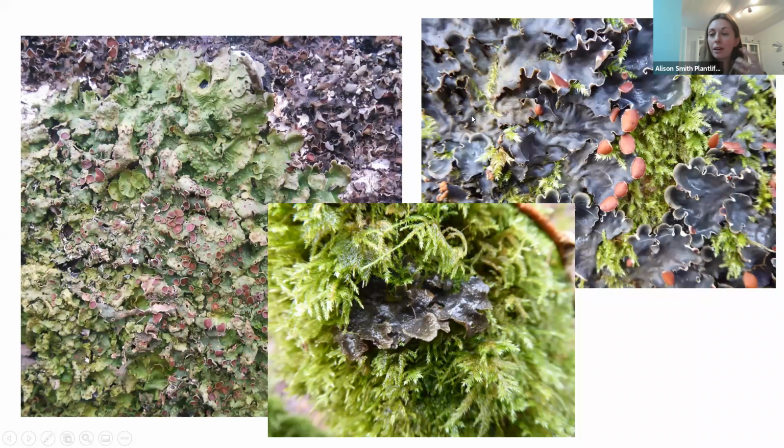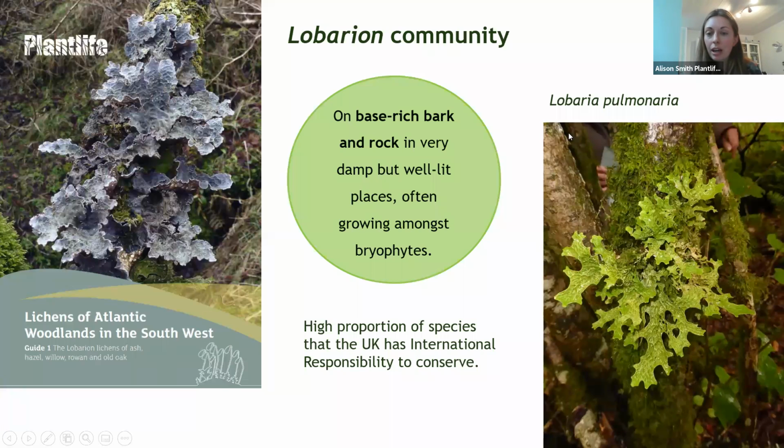Many of them have a cyanobacterium partner as well as an algal partner. So we often find these browns, greys, really showy leafy lichens. And on the previous image there, we have the Lobaria pulmonaria, which is the tree lungwort, which is sort of the flagship species for this lichen community.